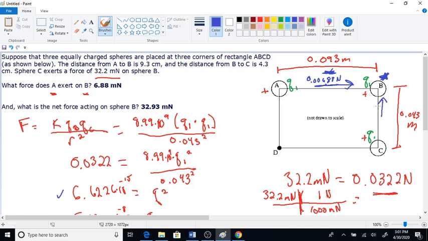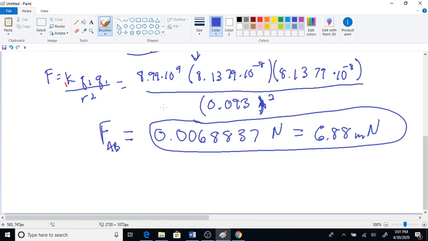This was told to us in the problem. It's pushing it up at 0.0322 newtons this way. So those two, what does that give us? Let's go down here and do a free body diagram now. So here is the dot, this is B, and what's being done to it here and here.